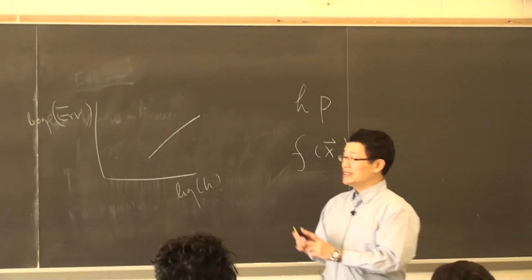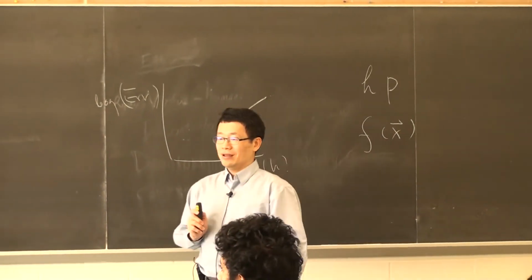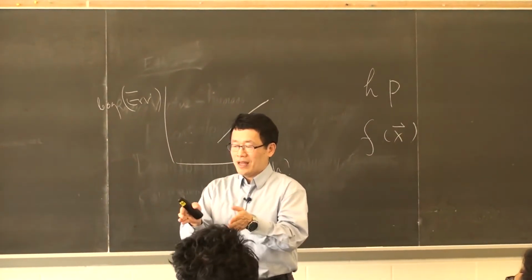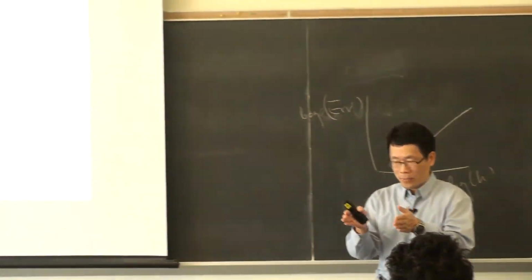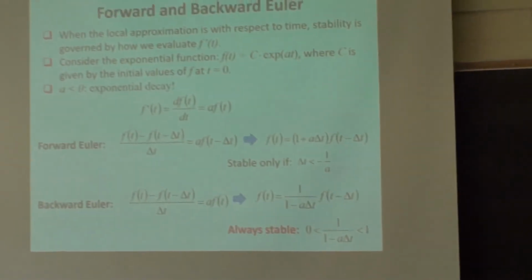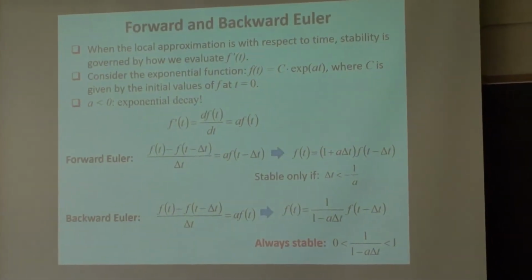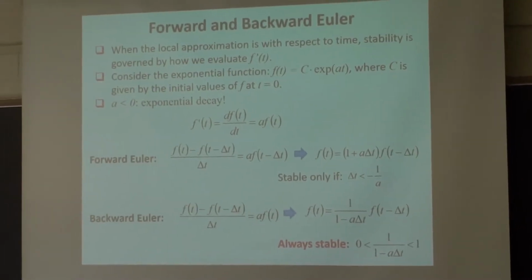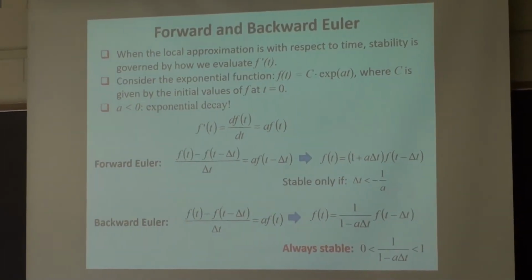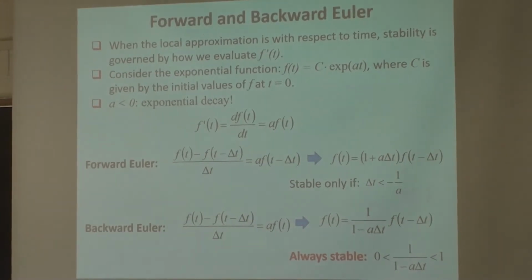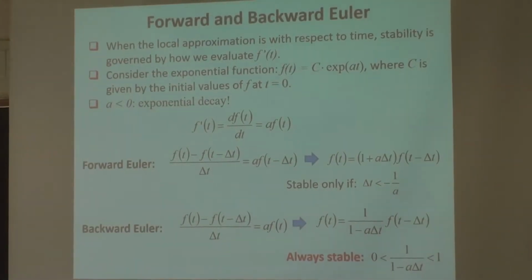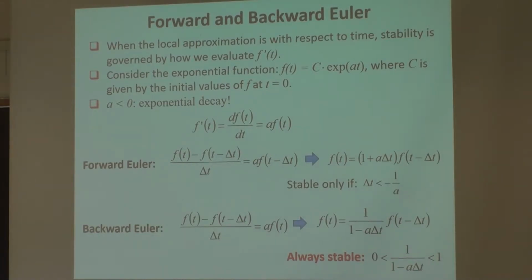This example teaches you that accuracy, whatever you do by adaptivity, does not affect stability. You can have a perfectly stable method, but accuracy is still something you need to control. And you can have a perfectly accurate method, but if you formulate it badly, it's non-stable. Let me show you with this very simple example.